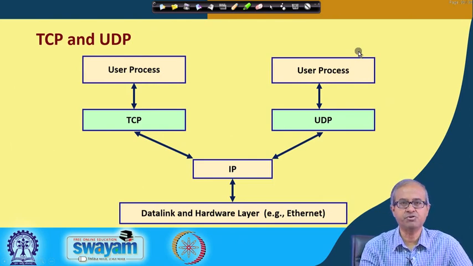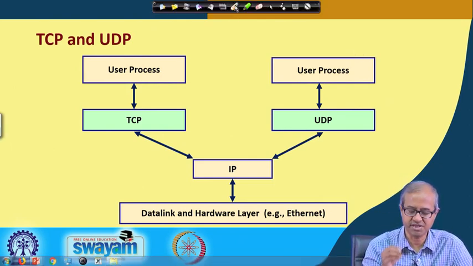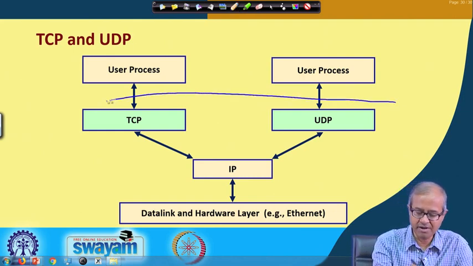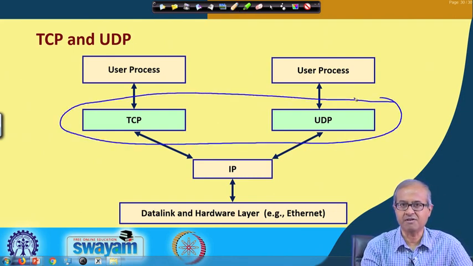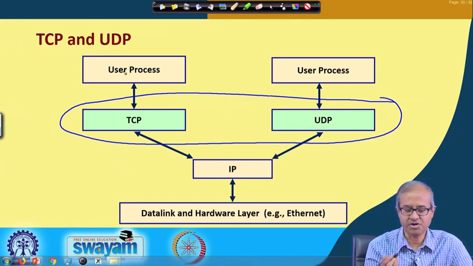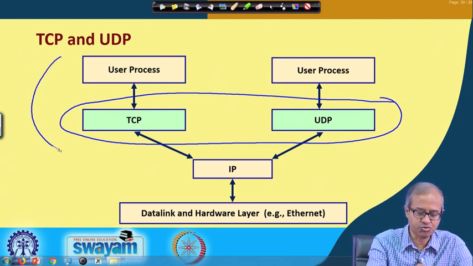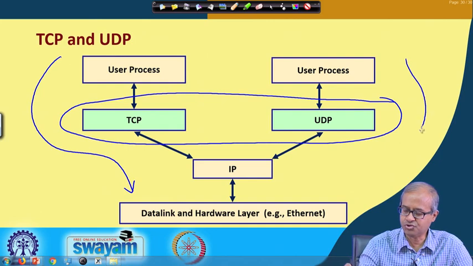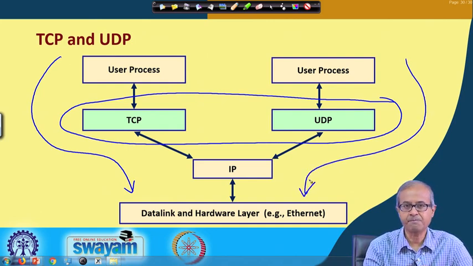Now, this diagram shows what I have just said diagrammatically. So, this is where we are at the transport layer level. At the transport layer level we have two alternatives, either TCP or UDP. Whenever there is some user process which is running, there is a choice: it can either choose to use TCP or it can choose to use UDP.